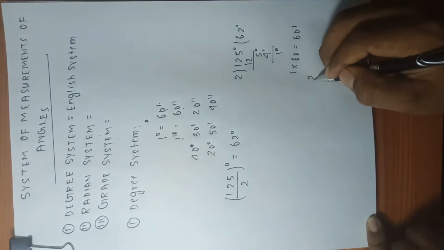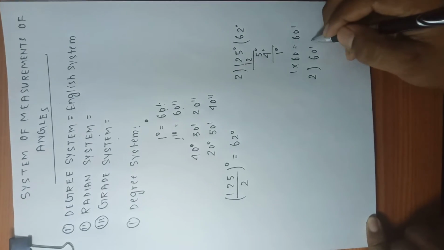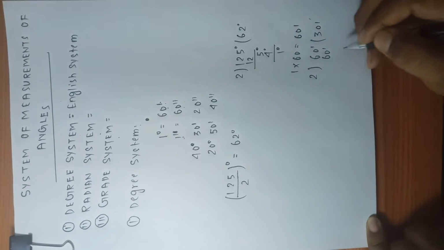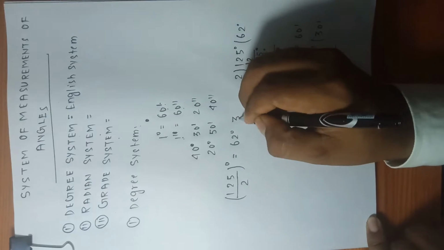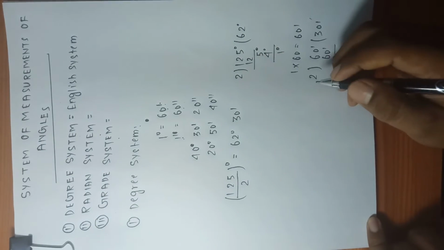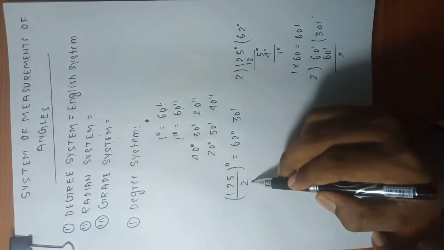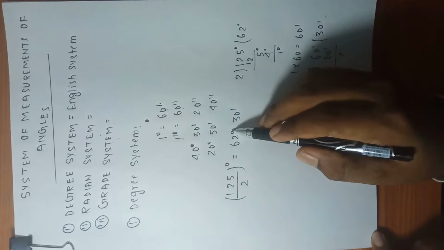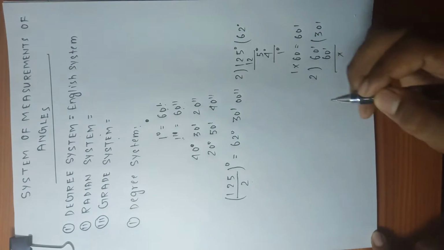Again we divide 60 minutes by 2 and get 30. So 125 by 2 degree in degree, minute, second is 62 degree 30 minute and 00 second.